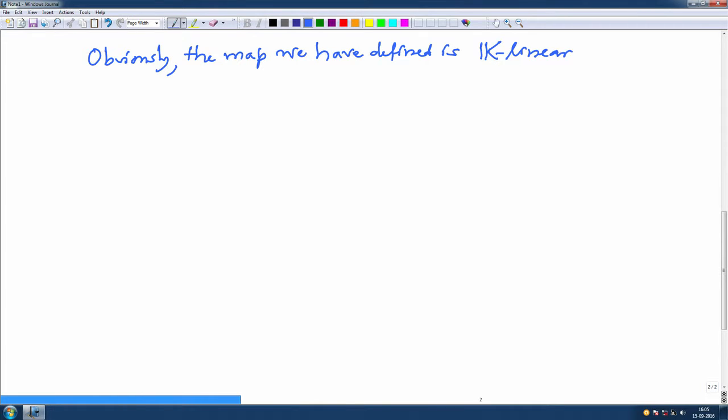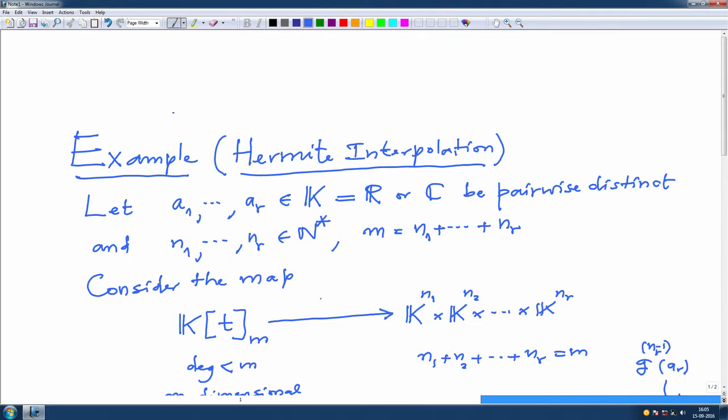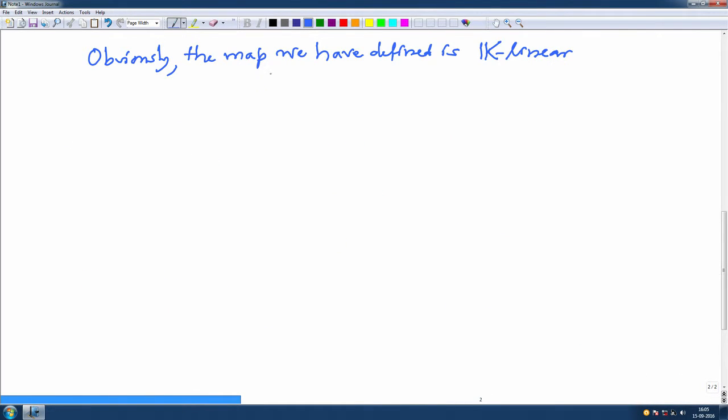Now, I want to prove that this map is bijective. Let us give a name to this map, capital phi. So, obviously, the map phi we have defined is K-linear, and we want to prove that phi is bijective.